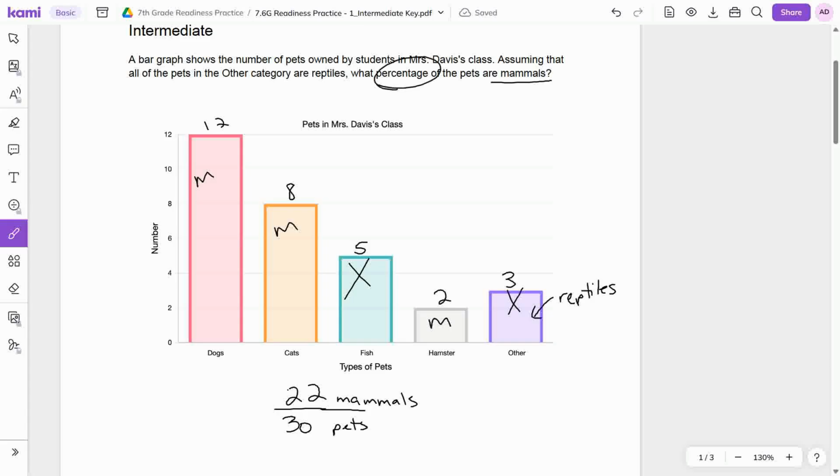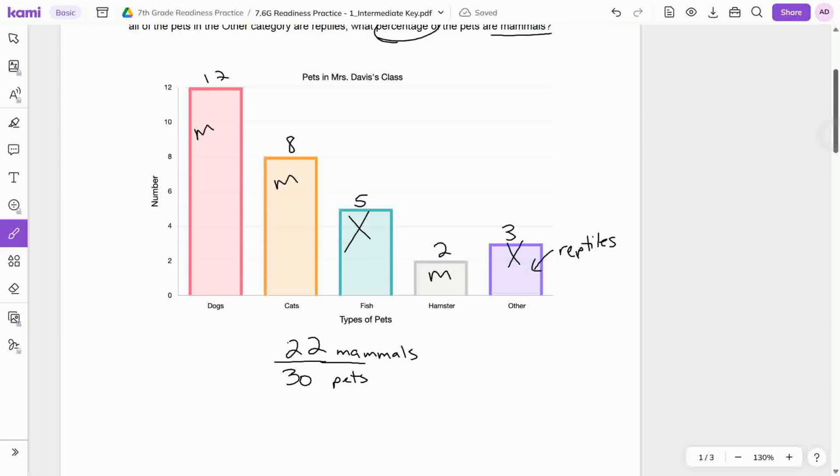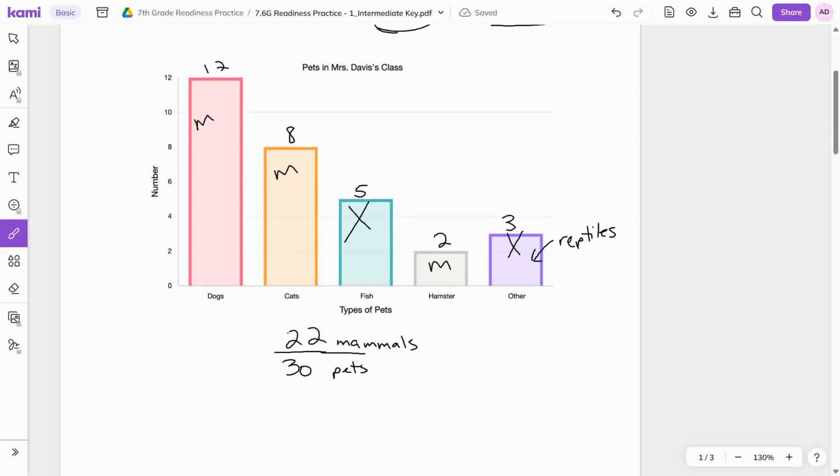What percentage? All right, so we need to turn this into a percent. So there are a few different options, right? We can try to get the denominator into 10, 100, or 1,000. And so yeah, we could do that. So let's try that. Let's divide this by 3. I know 22 doesn't divide by 3, but if we do that, we're going to end up getting a denominator of 10.